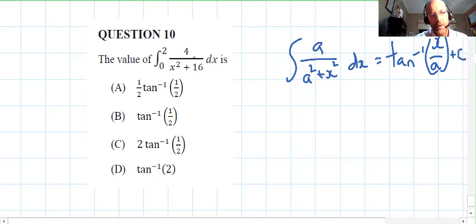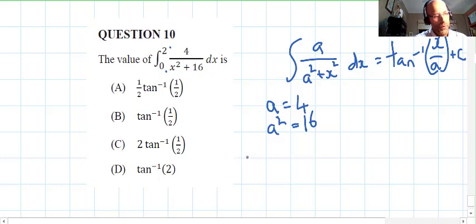That fits because it'd be like saying a is 4, and therefore a squared is 16. We have to remember to look at the terminals too because it is definite integration.